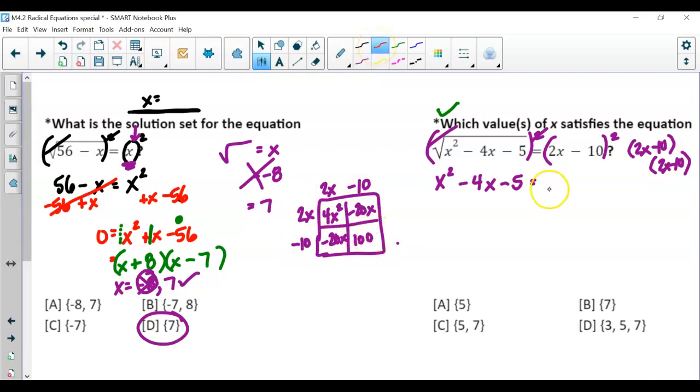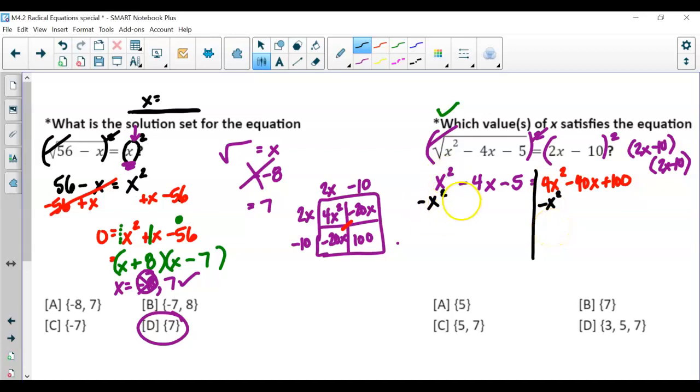So now here you end up with 4x squared, then combining like terms, negative 40x plus 100. But again, we're solving a quadratic, and quadratics have to equal what? 0. Now, you could move everything over here. However, if I subtract 4, I'm going to get a negative here. So I'm going to move everything this direction, because if I subtract x squared from both sides, now I'm going to get a positive 3x squared.